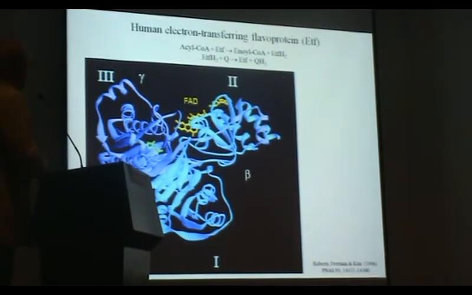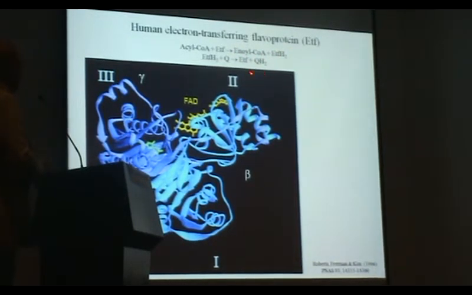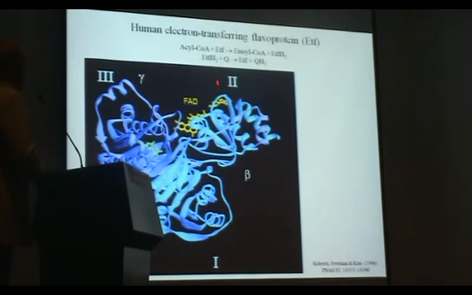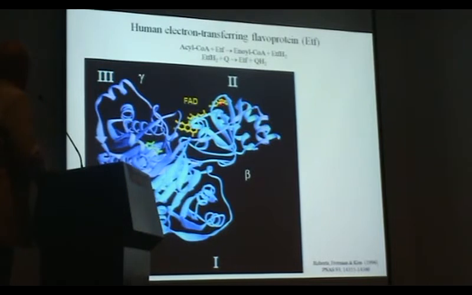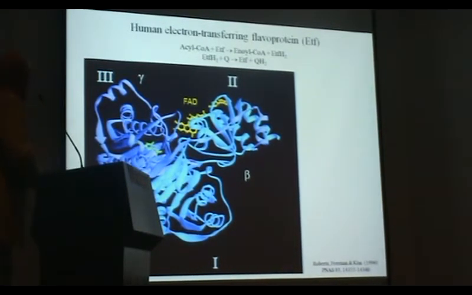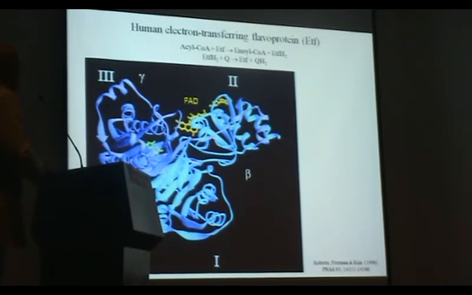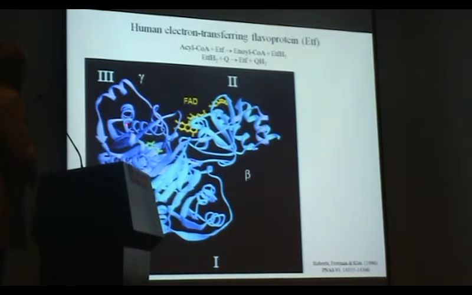It interacts with acyl-CoA dehydrogenase and is reduced to ETFH2, and then it swims to the mitochondrial inner membrane, and there it's oxidized with quinone, and we get reduced quinone. So this flavin is only an electron carrier. That is the beta subunit in light blue, and in darker blue is the gamma subunit.